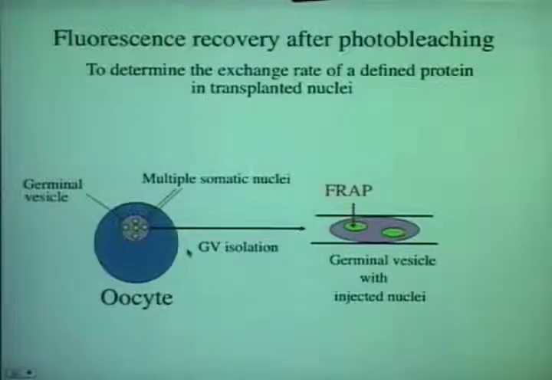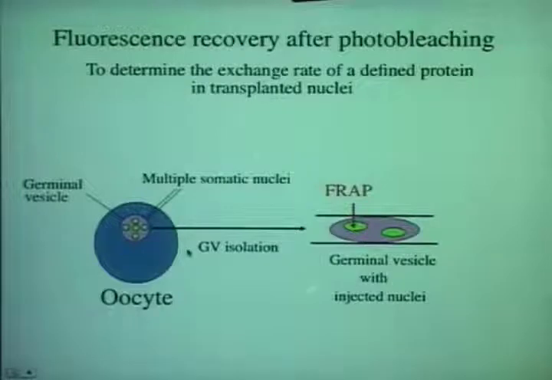a rapid exchange and loosening of chromatin. Rather surprisingly, you can take the germinal vesicle out of the oocyte and prepare it under glass slides, so you can carry out the FRAP experiment, and you can even do it by isolating the germinal vesicle and then injecting nuclei into it.